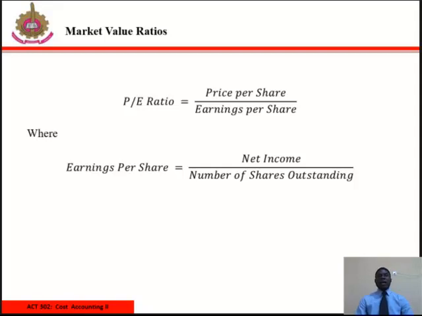As such, high PE ratios are associated with growth stock. That is, investors who are willing to pay a higher price for a naira of current earnings obviously expect high earnings in the future. In this manner, the PE ratio also indicates how expensive a particular stock is.